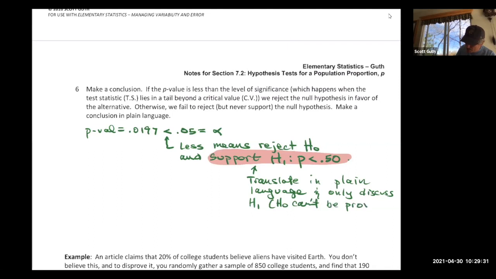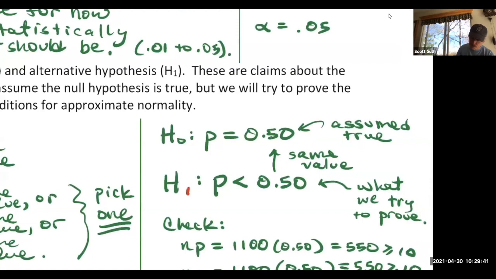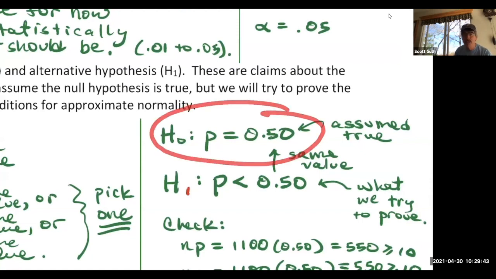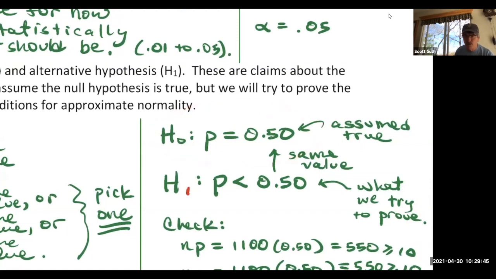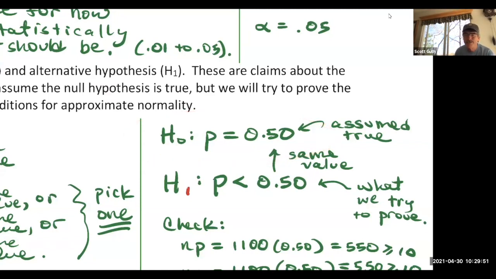I mean, the only way to prove the null hypothesis, which says something very precise, the null hypothesis, if you go back, said that the population proportion is 50%. You can't know that unless you survey the whole population. And what are the odds that it comes out exactly 50%? It's just not going to be 50%.